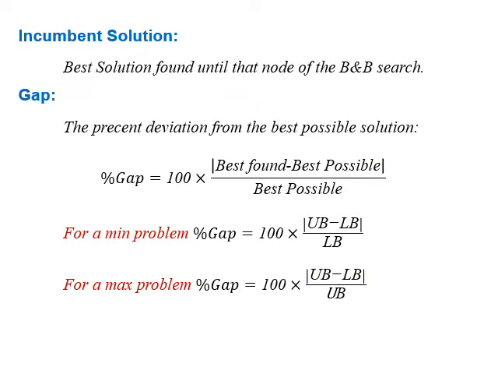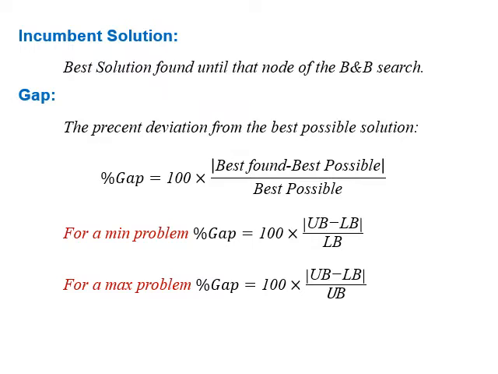Now let's consider two definitions that we will make use of in the branch and bound search. The one I already talked about is the incumbent solution. An incumbent solution means the best solution that you find until that node of the branch and bound search.